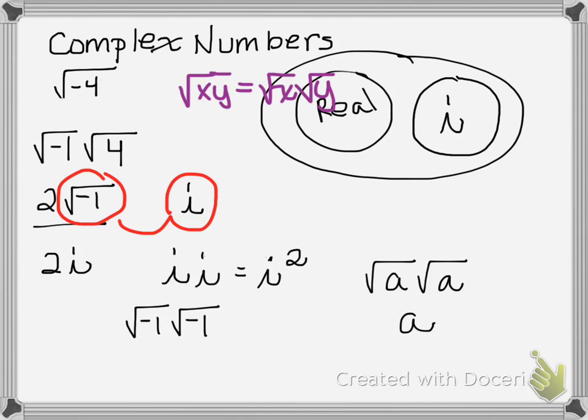So the square root of negative 1 times the square root of negative 1 is equal to negative 1. That means that whenever I see i squared, that's equal to negative 1. So i times i is i squared, and i squared is equal to negative 1. These are the two things that we're going to do.